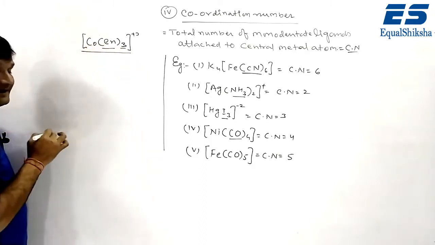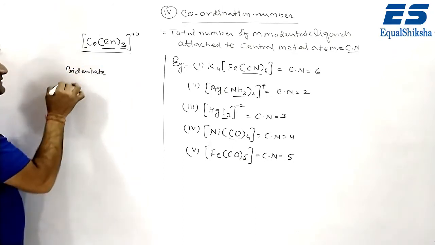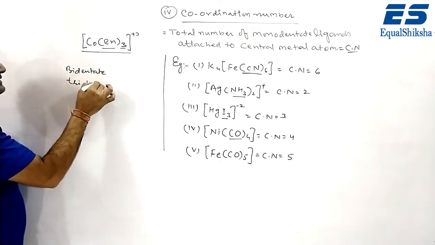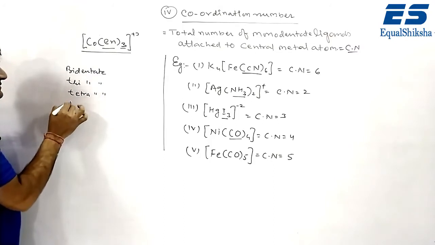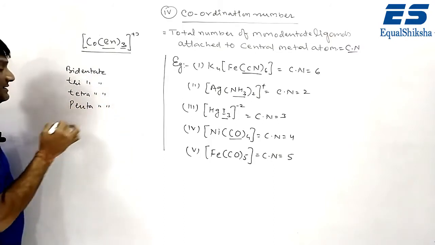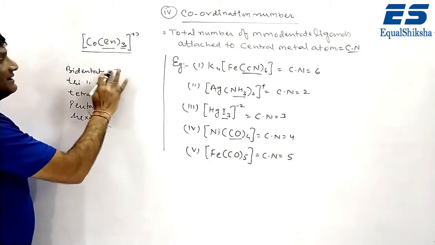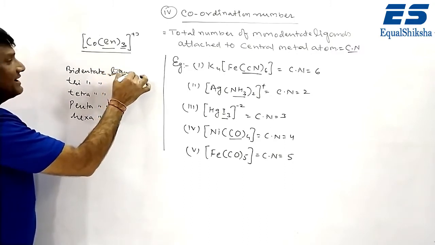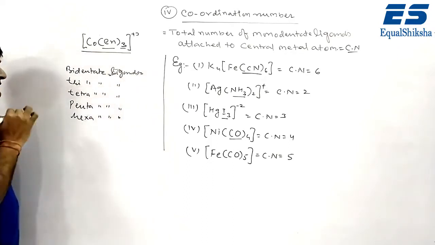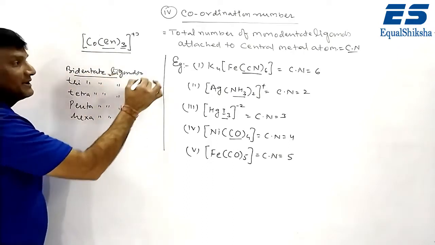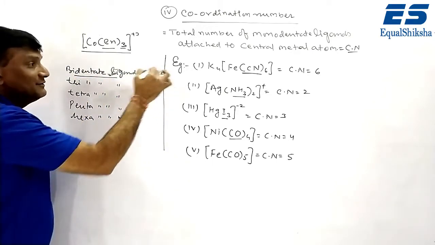If there is a bidentate ligand, tridentate ligand, tetradentate ligand, pentadentate ligand, or hexadentate ligand, then how can we calculate the coordination number? Then we use the total number of bidentate ligands multiplied by 2.